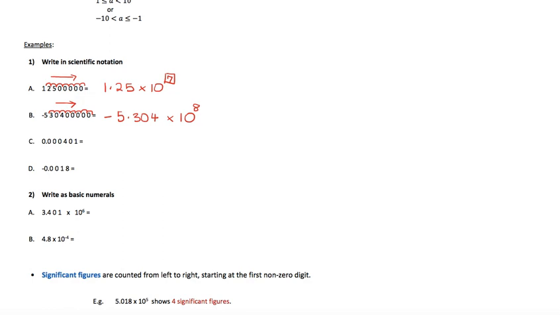A very small number here. So I look at the digits that are not 0. The first one is 4, 401. I can present that as 4.01. Notice how I always have one digit in front of the decimal point. 4.01 times 10 to the power of 1, 2, 3, 4, but it's negative because we went towards the left.